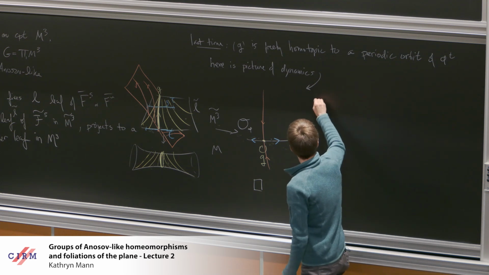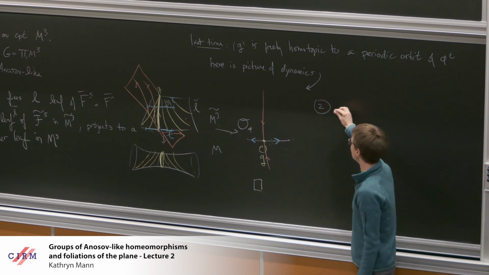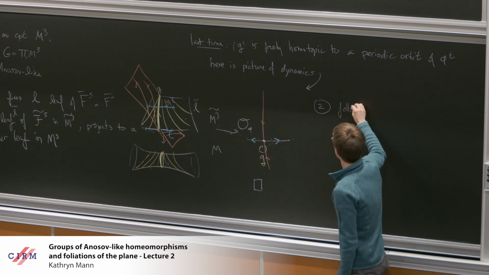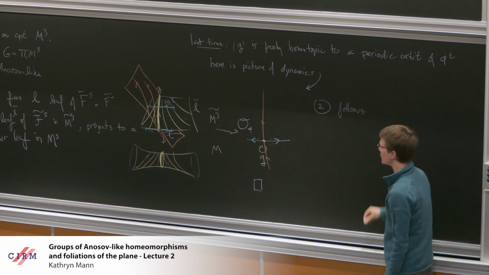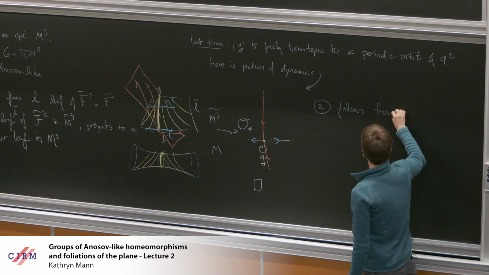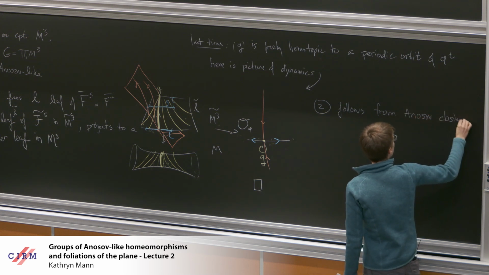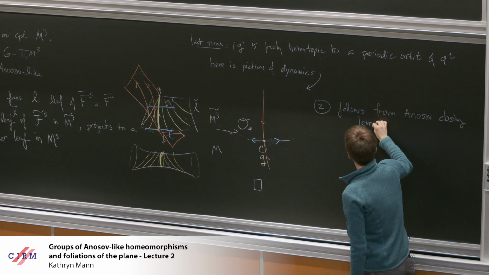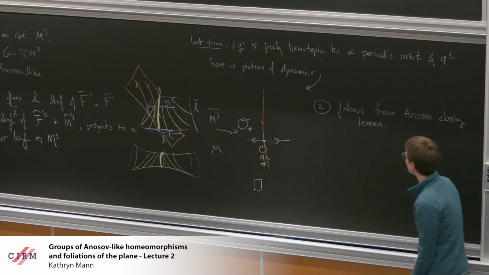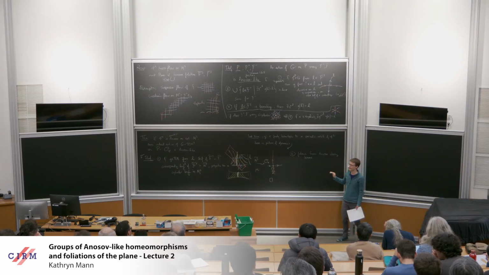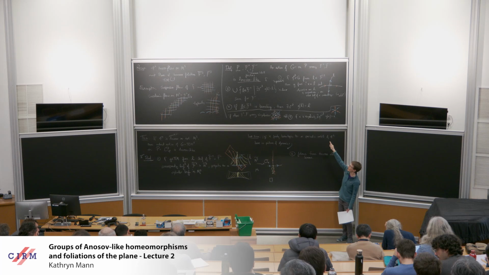Okay, property 2, I will not prove. This follows with a bit of a technical argument from the Anosov closing lemma, which you can even do in a pseudo-Anosov version good enough to make this statement true for pseudo-Anosov flows.